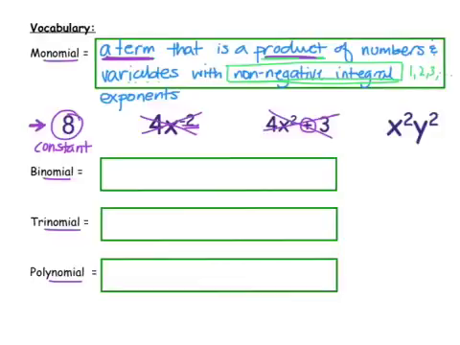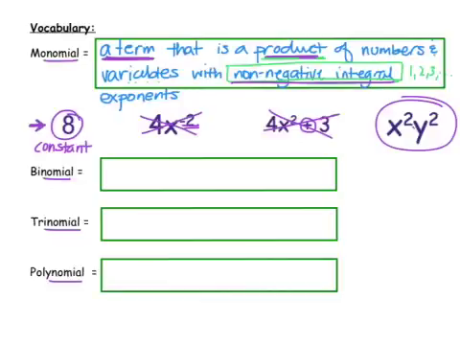And then this last example is x squared times y squared. It's the product of numbers and variables. Yes, it's a product, so it's okay so far. And our integers are non-negative integrals. Yes, so this is another monomial. And because of the variables, it's just a monomial. It is not a constant like the 8 was.